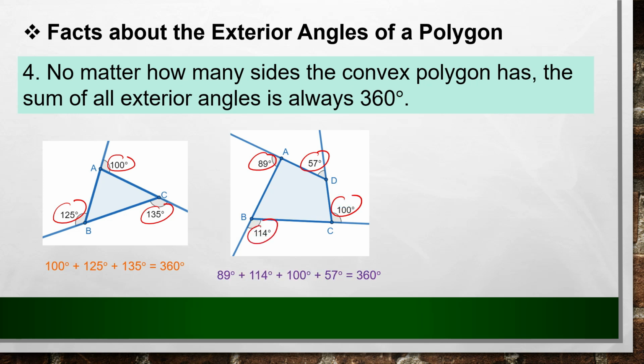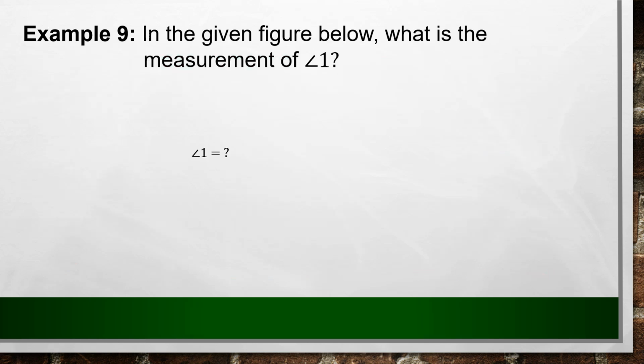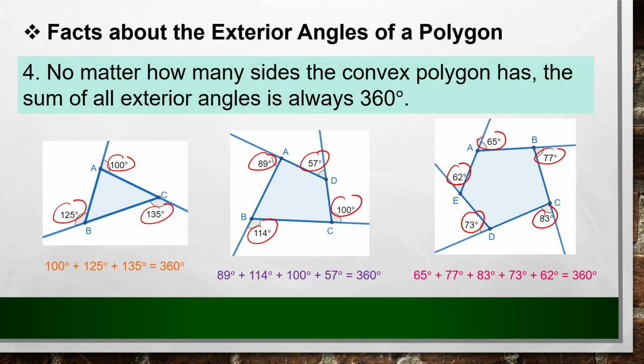The answer will be 360 degrees. For a pentagon, 65 plus 77 plus 83 plus 73 plus 62. You add all of those 5 exterior angles, the sum will be 360 degrees. Okay, it's always 360.